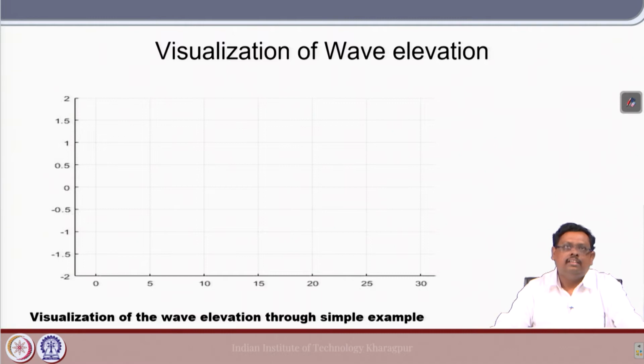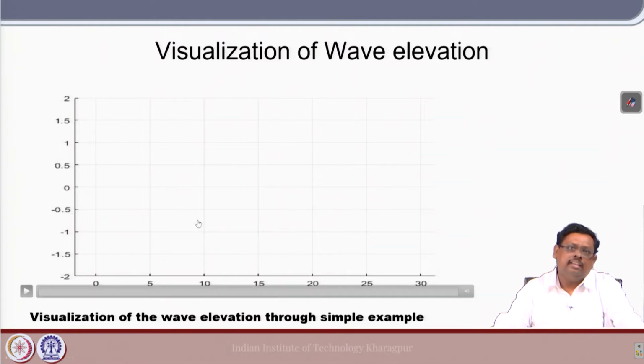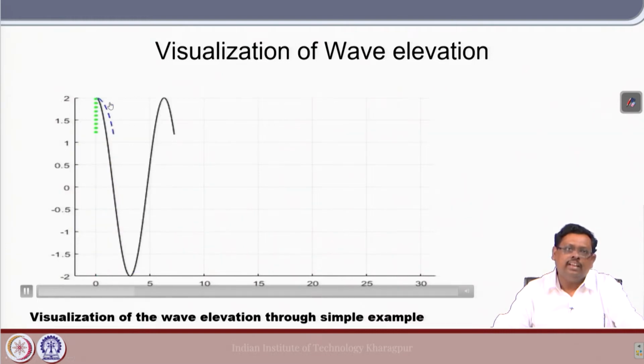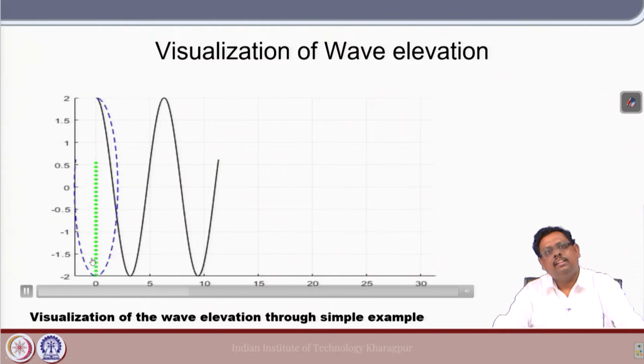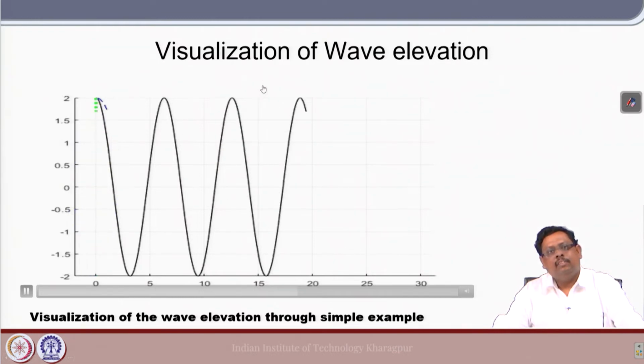Before we start, let us see the visualization of the wave elevation. Now, you can see that the water particle is moving in a circular fashion, and this wave is propagating in the horizontal direction as follows.